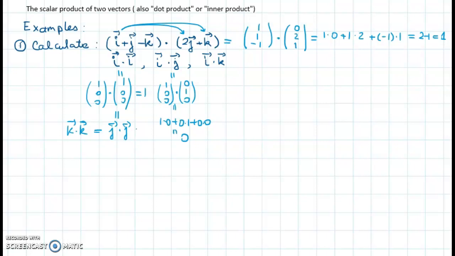And that is because the ones are in different coordinates. So i dot k is also going to be 0, and so are all the other possible combinations of i's, j's and k's, so also i dot k and also j dot k.